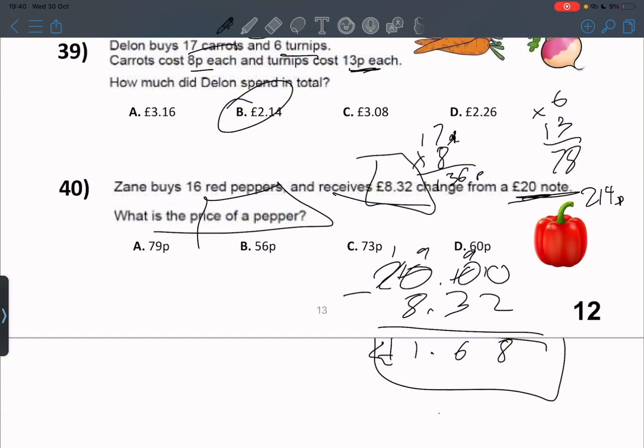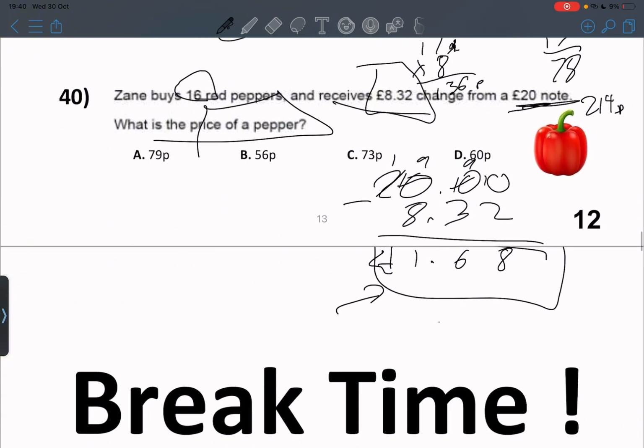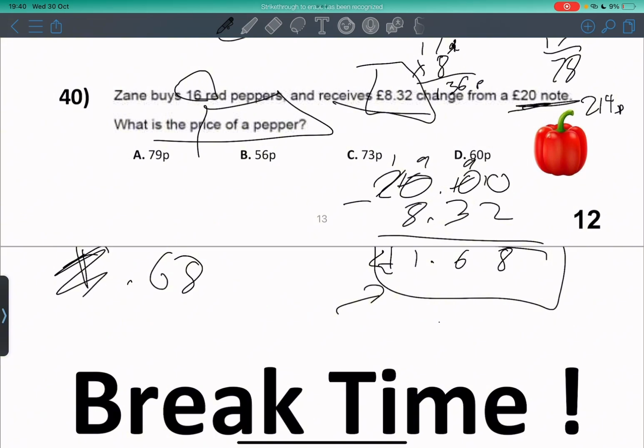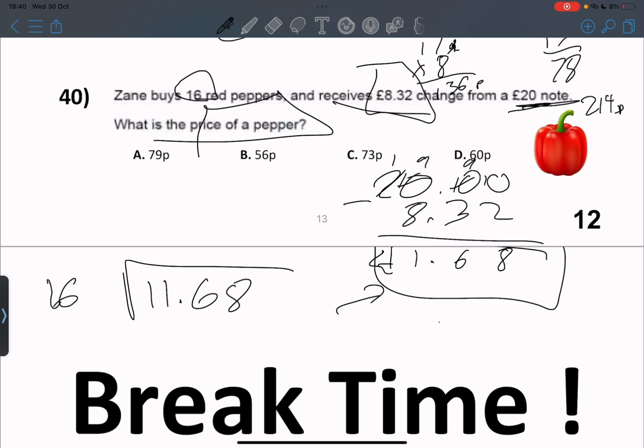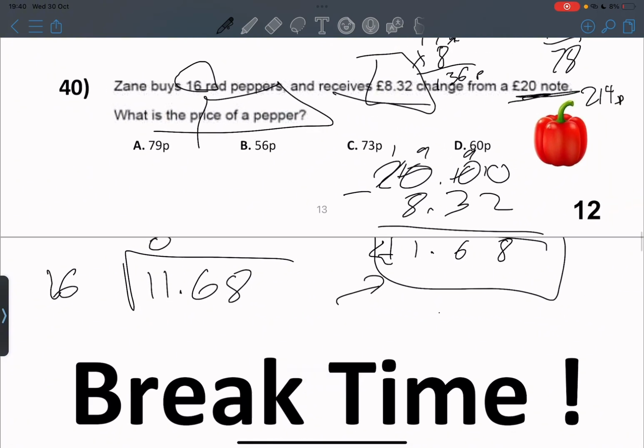Now it asks, what was the price of a pepper? So if he bought 16 peppers for £11.68, what you have to do is divide £11.68 by 16, because each pepper is obviously going to be a section of that. So you do it like this, and again, because 16 doesn't go into £11.68, you have to start with a 0 point.